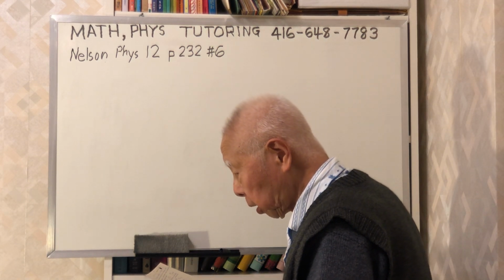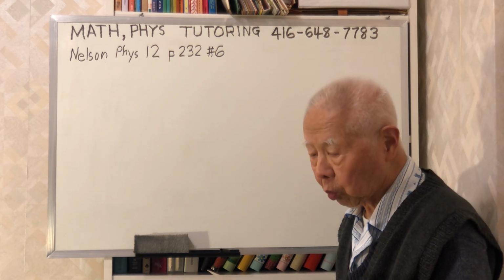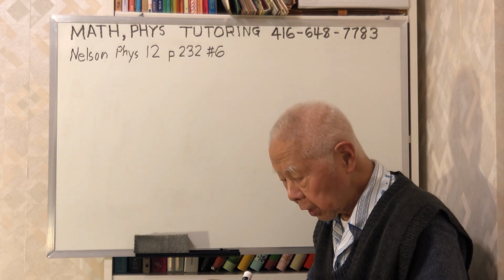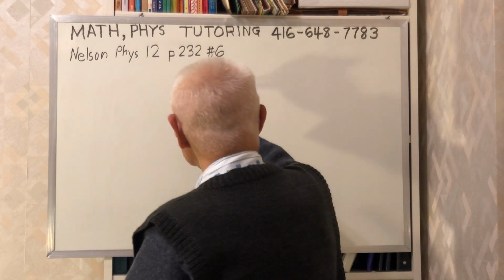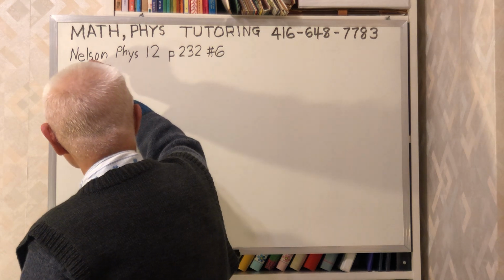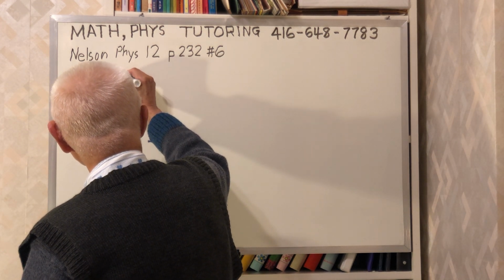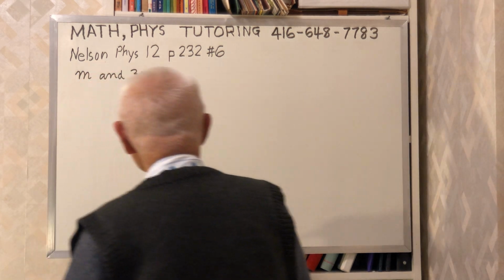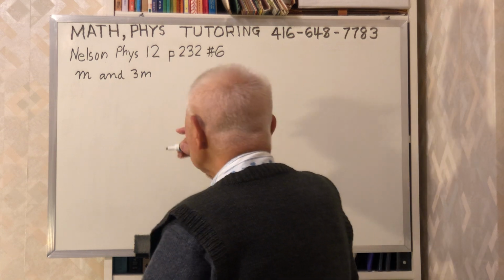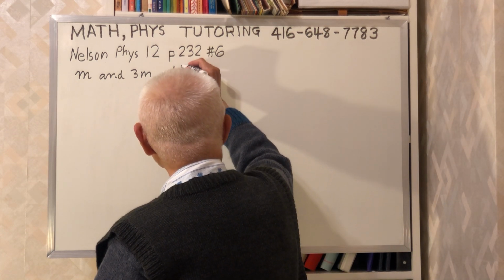One is mass m, another one is mass 3m. And the question is this: m and 3m undergo a one-dimension collision.